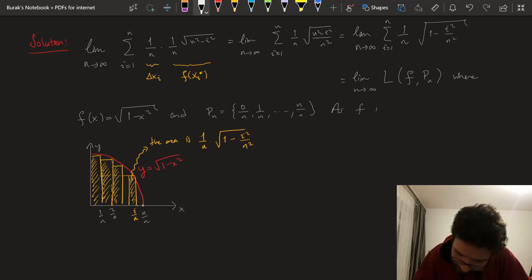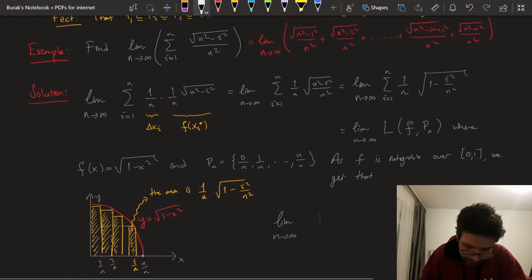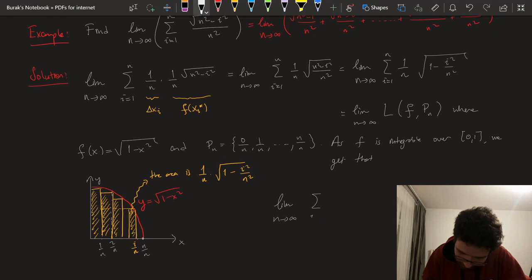As f is integrable over the interval [0, 1], we get that this limit is the limit of these lower Riemann sums.